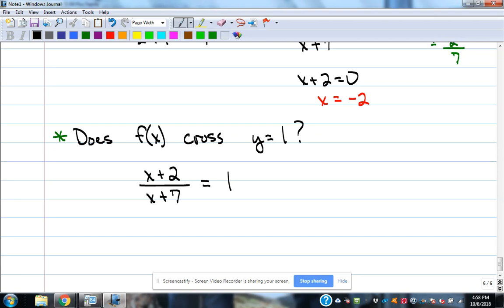Okay? We're going to solve this. This is a little bit more difficult to solve, but it's not too bad because this is division over here. So to undo that, I'm going to multiply by x plus 7. And because that y equals 1 is the oblique or the horizontal asymptote, just multiply x plus 7 times 1.